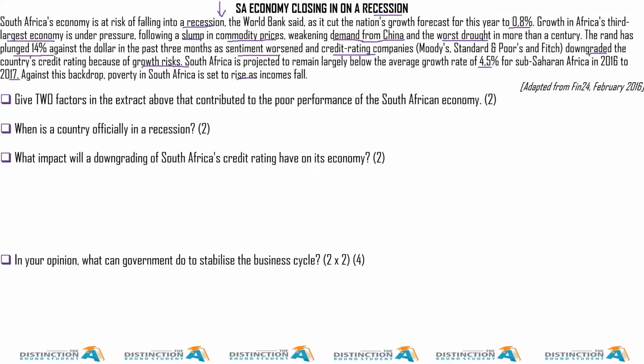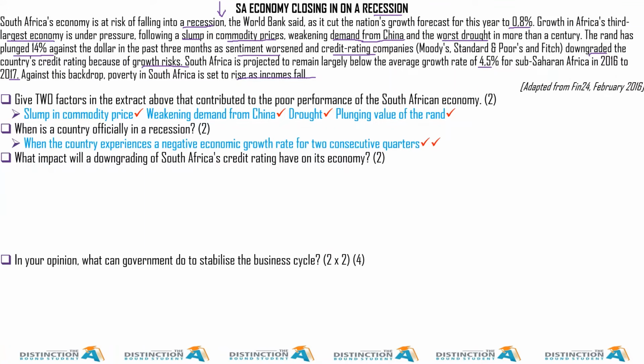Against this backdrop, poverty in South Africa is set to rise as incomes fall. Okay, this is bad. Now, give 2 factors in the extract that contribute to poor performance in the economy. It will be these ones here. Okay, so we have the slump in commodity prices, the weakening demand from China, the drought, and the plunging of the rand.